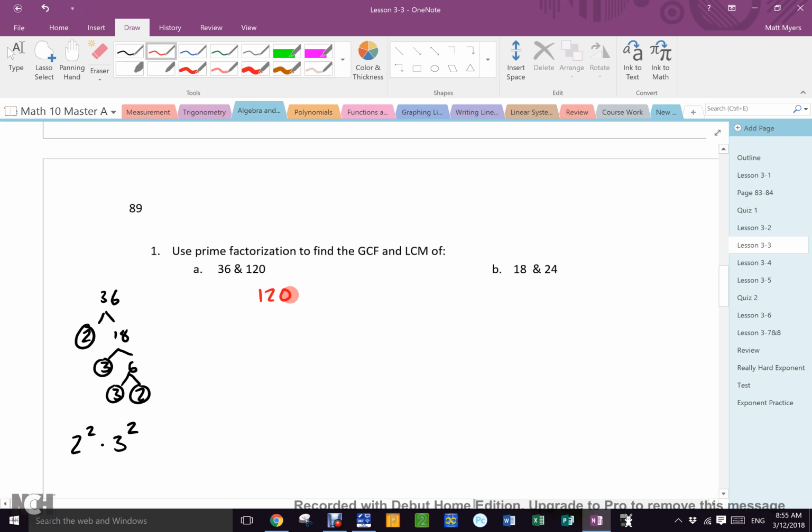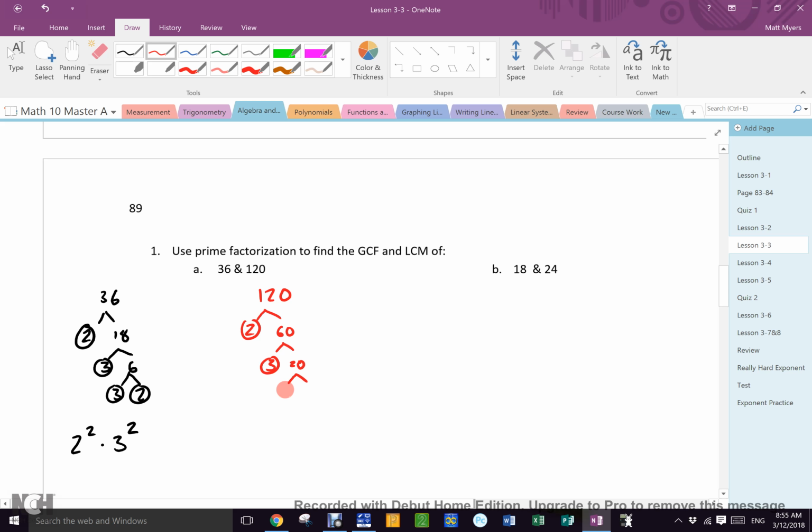Then we'll do 120. What are you going to break 120 down into? You want to do 60 and 2? Okay. Stop. Now what are you going to break 60 down into? 3 and 20. 3 we're going to stop.